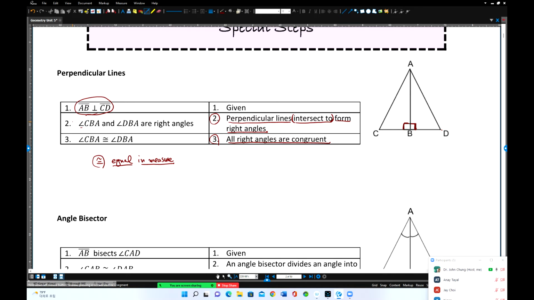The reason is because all right angles, when you measure them, are 90 and 90. That's why they are equal. So all right angles are congruent. You have to follow this process. That is perpendicular, I'm done with this one.